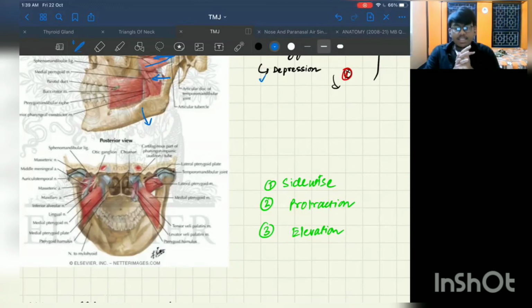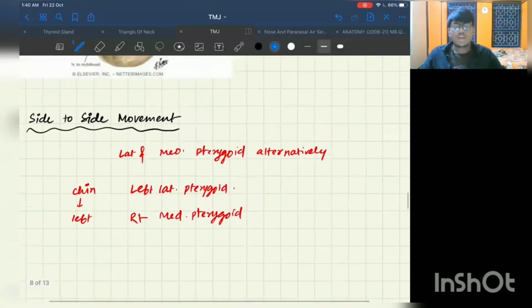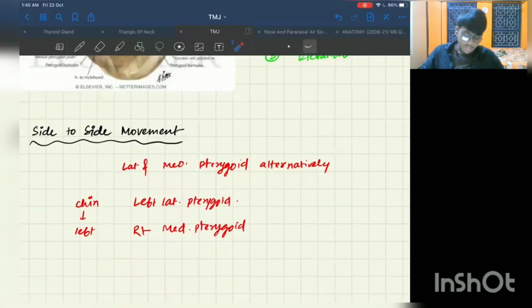In side to side movement, the muscles involved are lateral and medial pterygoid. Lateral and medial pterygoid act alternately to bring out the side to side movement.